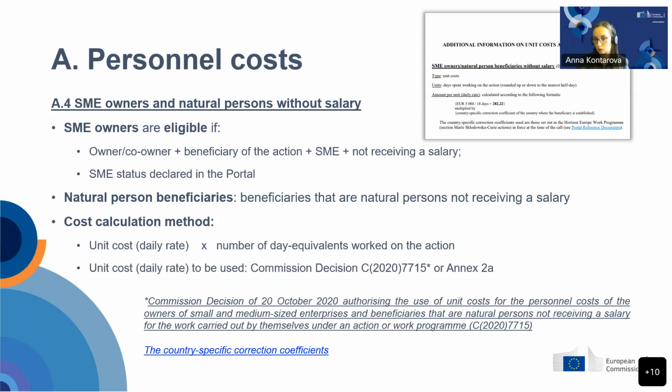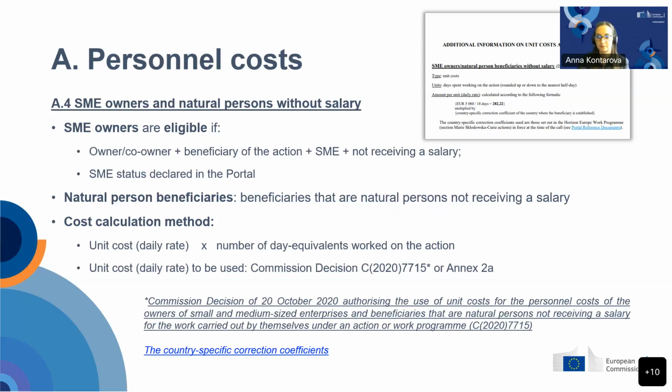And then below, I link the country-specific correction coefficient, and you multiply these two numbers together, because this country-specific correction coefficient depends on the country in which the SME is registered. So you have to calculate this unit cost and then multiply by the number of day equivalents in the action, not month equivalents, but day equivalents.